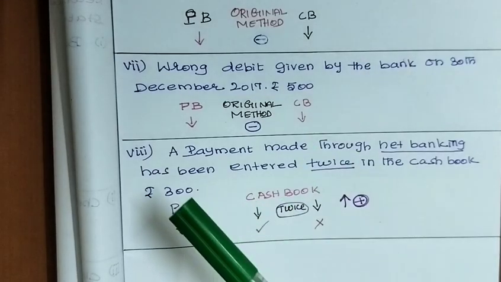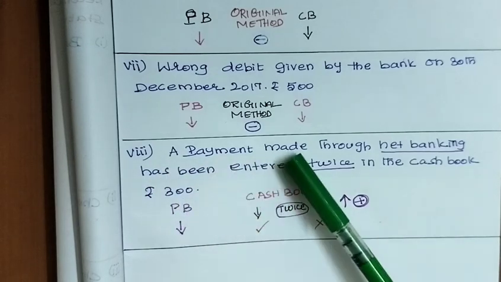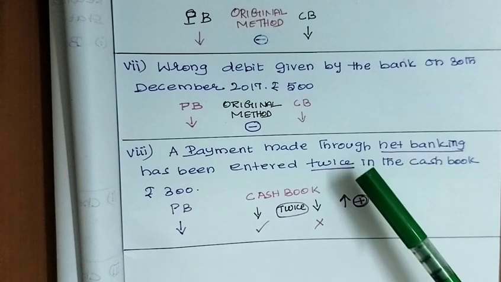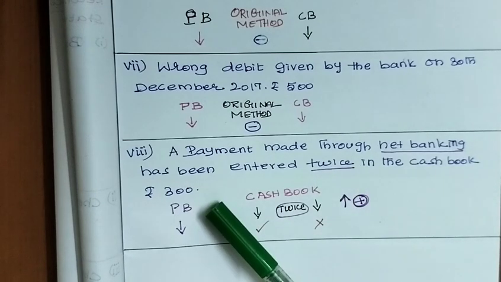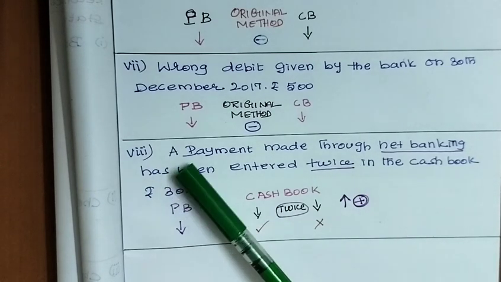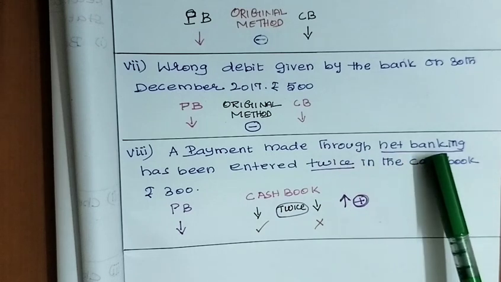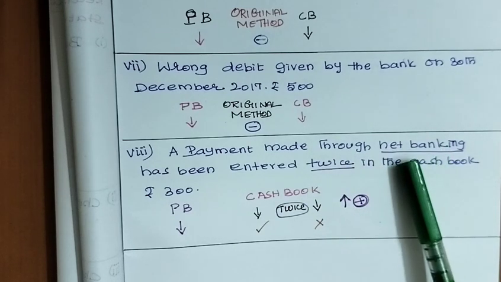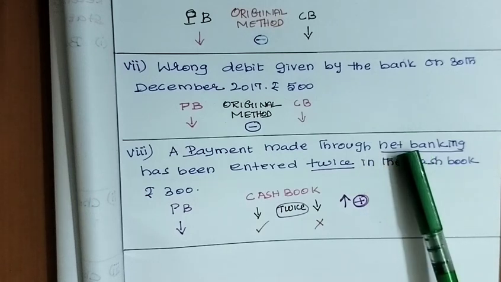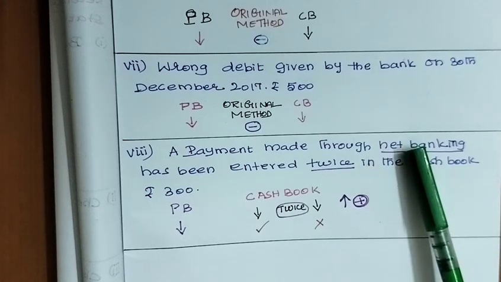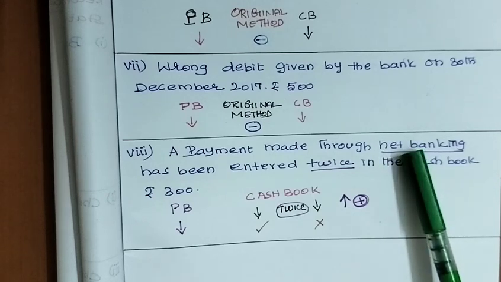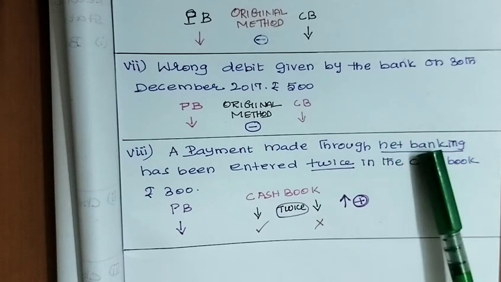Then, a payment made through net banking has been entered twice in the cash book, rupees 300. So a payment made through net banking means net banking comes under bank account: checks, net banking, NEFT, RTGS, online payments like Google Pay, Phone Pay, all of these come under bank account.